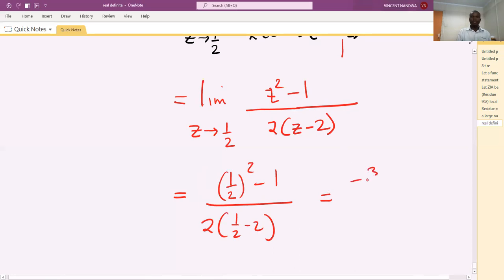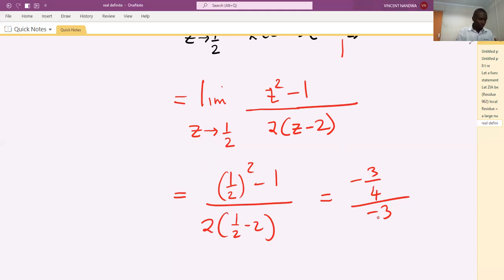So minus 3 over 4 over a half minus 2 times 2, which is minus 3. So minus 3 over 4 divided by minus 3 is 1 over 4. So this gives us 1 over 4.